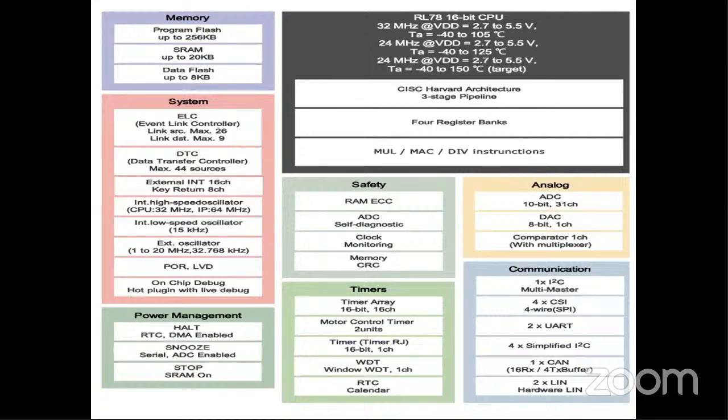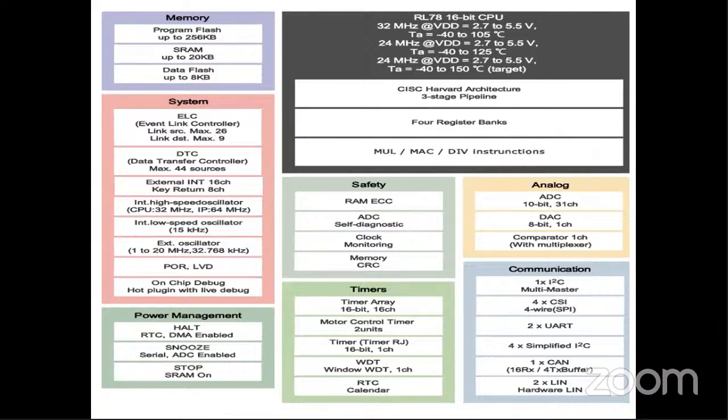Now in this block diagram we can see that there are 4 register banks. The microcontroller supports 32 general purpose registers, each of 8 bits, categorized into 4 banks. It also supports multiplication, division, and multiply accumulate instructions. The further blocks include analog to digital converters, which are 10-bit and have 31 channels. Communication blocks are introduced, that is serial peripheral interface SPI, UART, and CAN, the control area network.